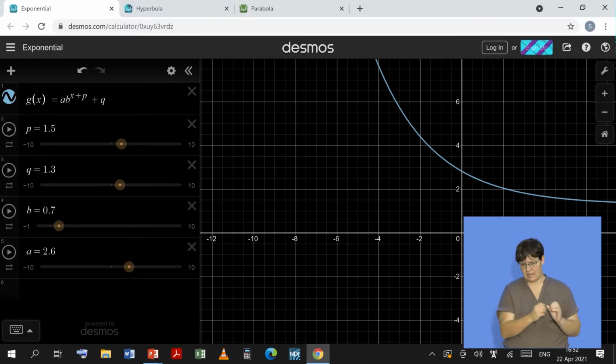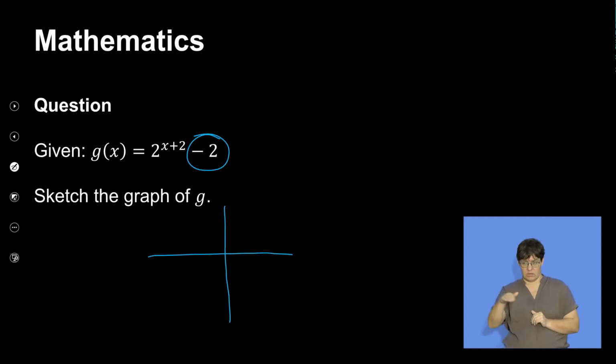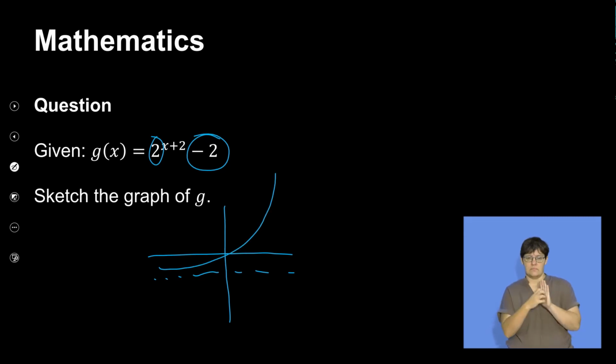So to sketch this graph, this is my horizontal asymptote, so I will immediately draw a dotted line at y equals -2. This is a positive, so it means it's an increasing function, so my graph will look something of that nature, just a rough sketch.